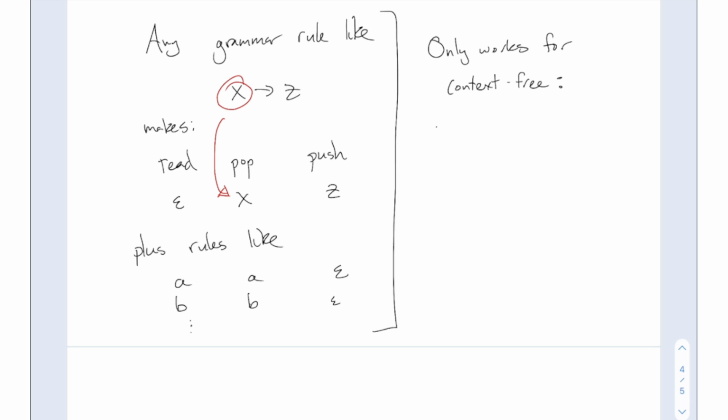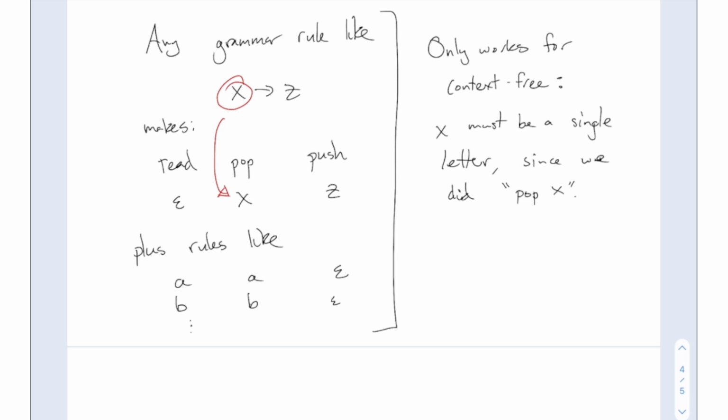So X must be a single letter since we did something like pop X, right? This is why it won't work on a non-context-free grammar. And in fact, there are some context-free grammars which cannot be written as a stack machine. But any context-free grammar you can write as a stack machine.